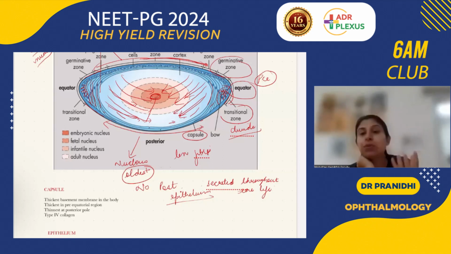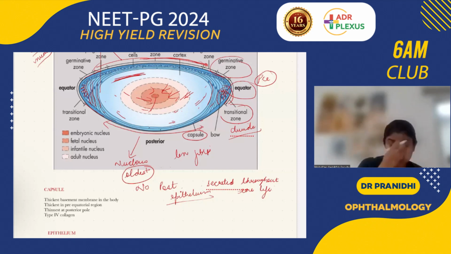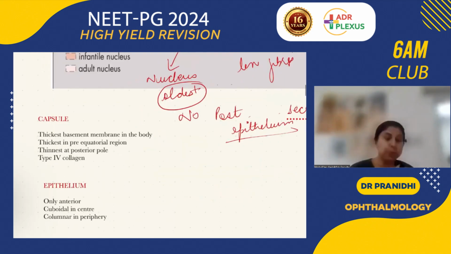The outermost fibers shown by this blue color are the cortical fibers, and the red ones are the nuclear fibers, which are the oldest fibers. Is it clear now?